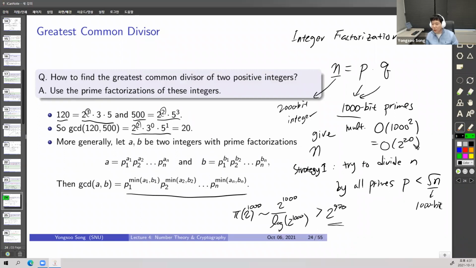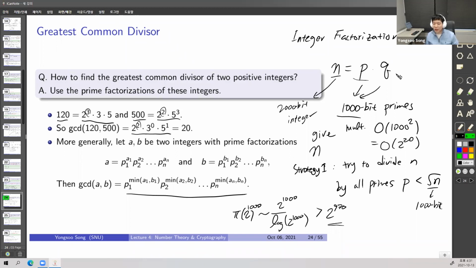So the lesson here is that multiplying two integers is very easy, but recovering this factorization, recovering these prime factors is totally impossible in practice using this naive approach.